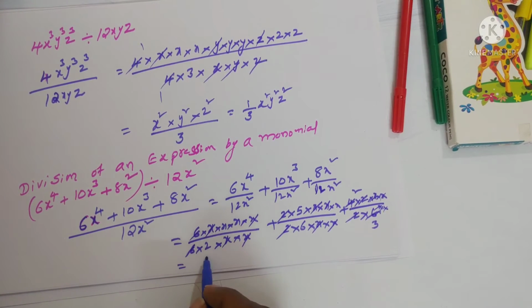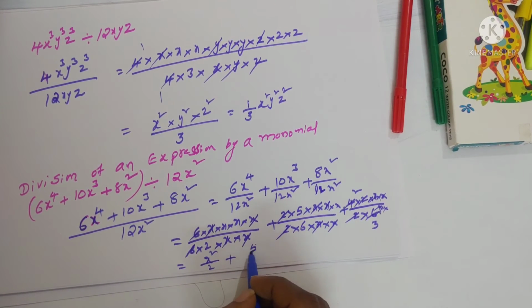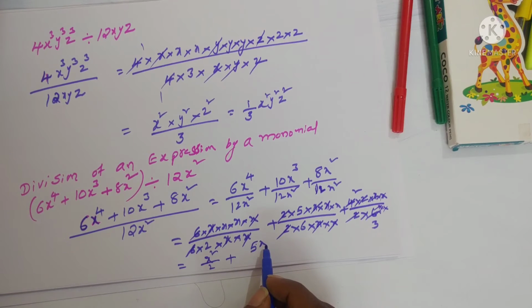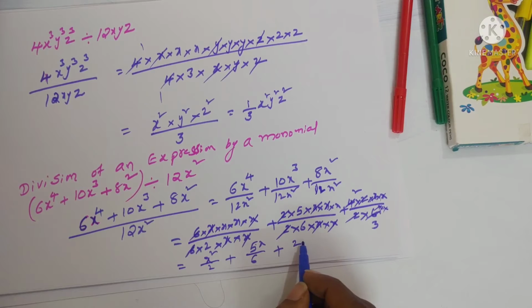So the remaining terms are x square by 2 plus 5x by 6 plus, and last we get simply 2 by 3.